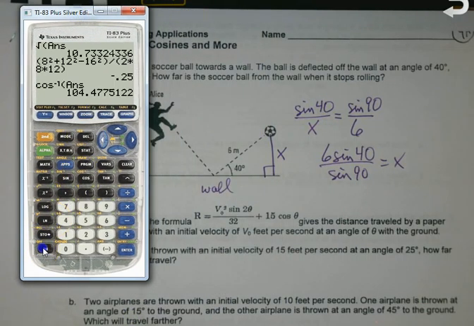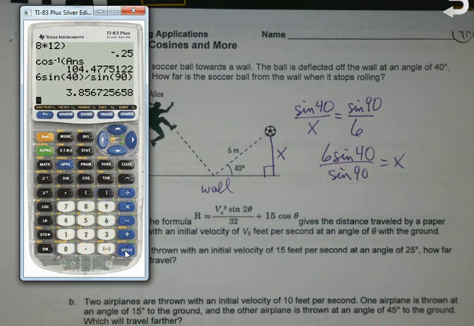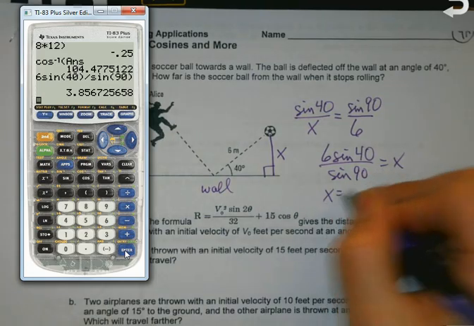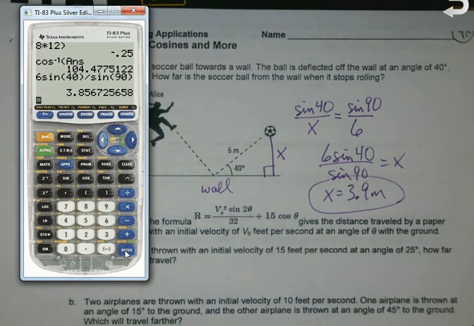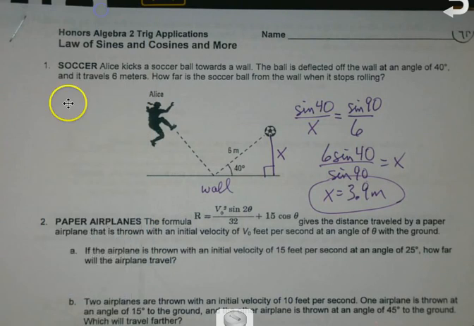Shift this over a little bit. And I find out that it's a little less than 4 meters away. So that's one thing we've got kind of working here.